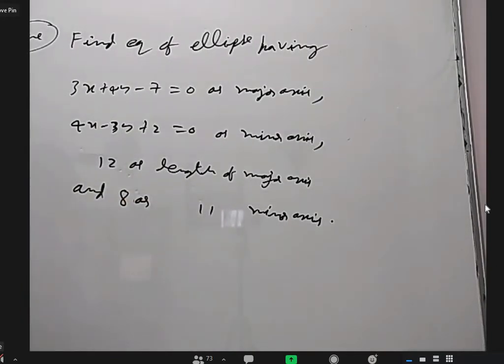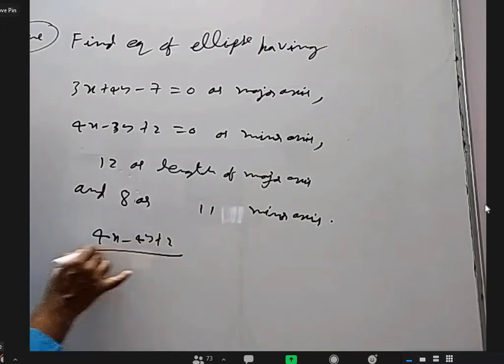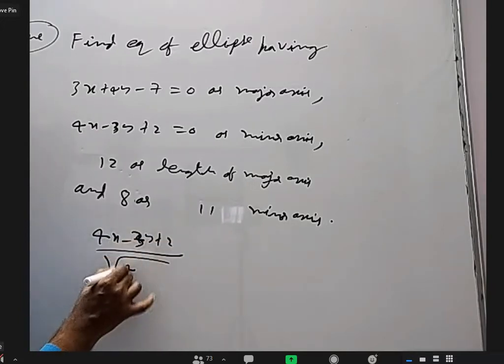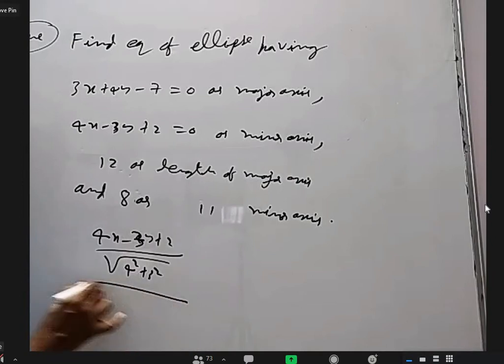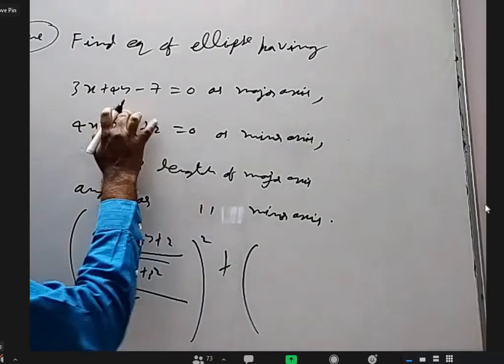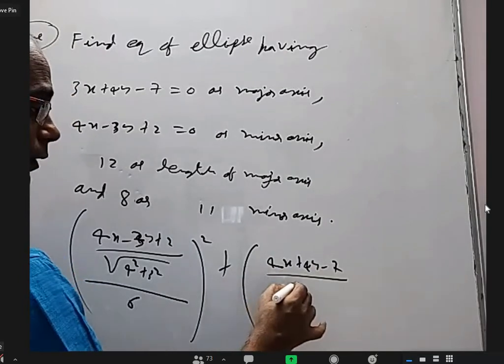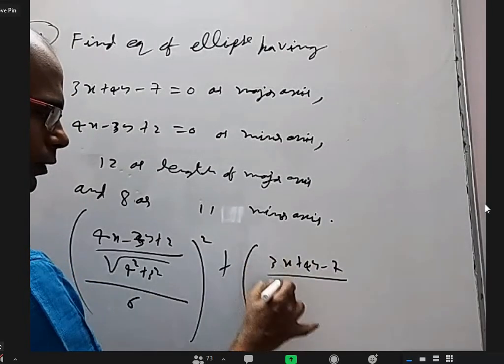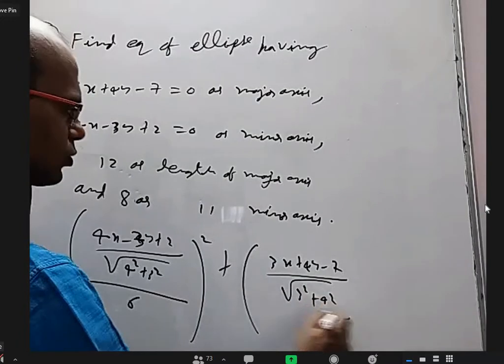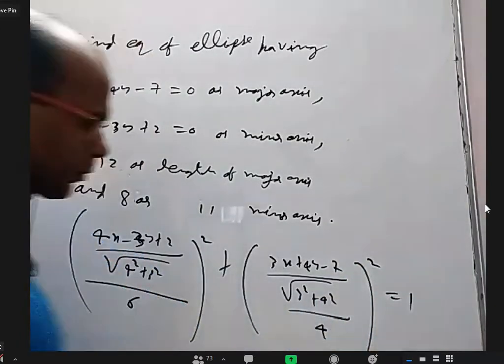Okay, directly you can use the previous definition. We have to take the distance to the minor axis first. So (4x minus 3y plus 2) by root over 4 square plus 3 square, by a, that is 6, whole square. Then the distance to the major axis, (3x plus 4y minus 7) by root over 3 square plus 4 square, by the semi-minor axis 4, whole square, equal to 1.